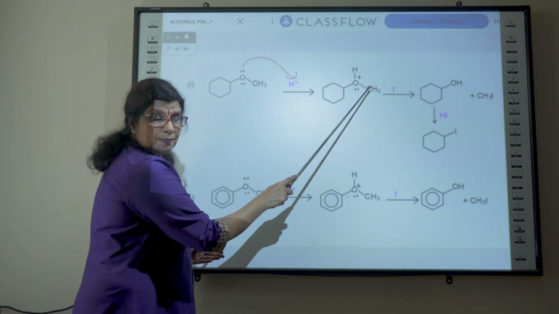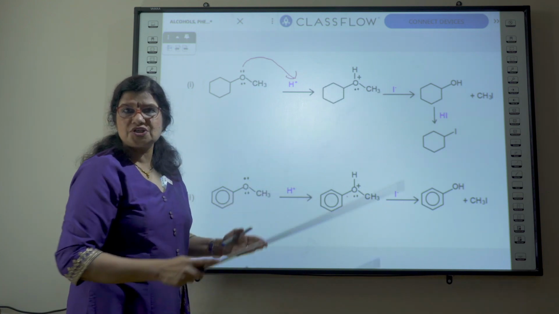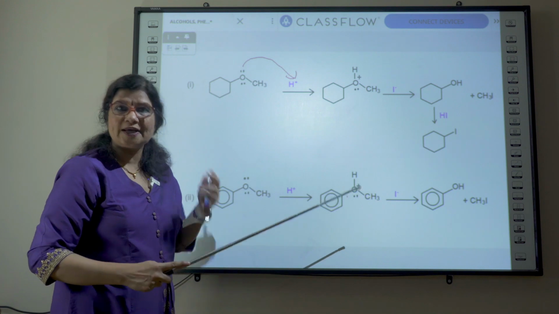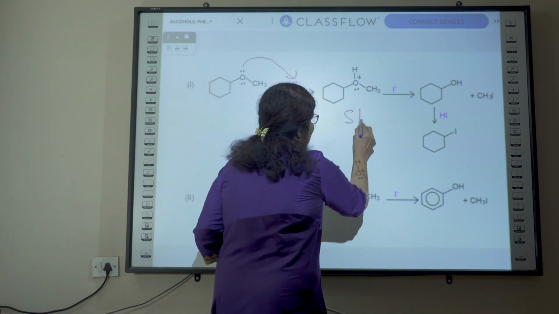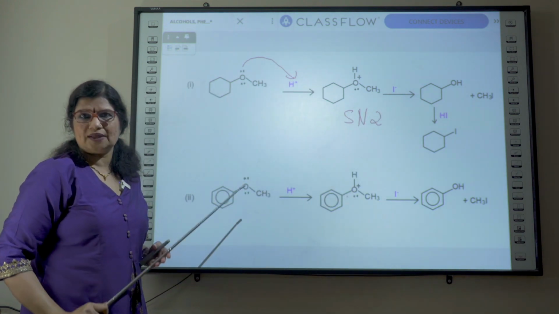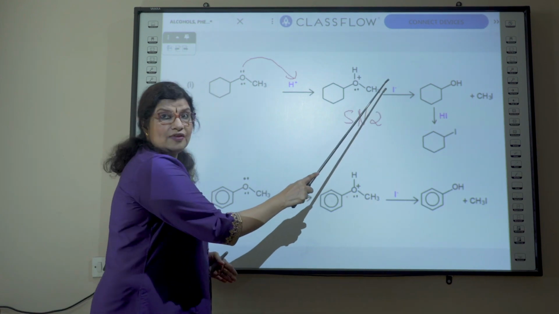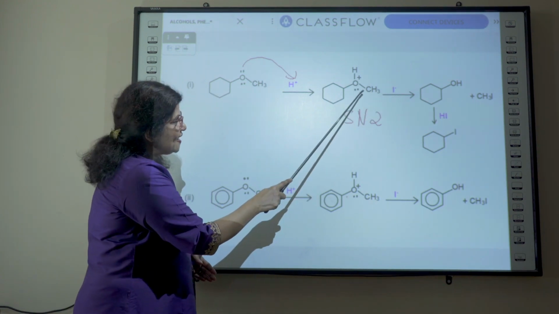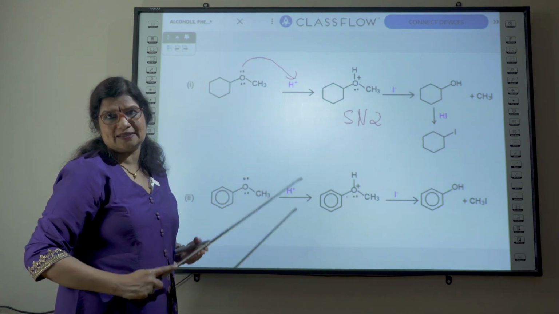Now this is a methyl group and this is a cyclohexyl group, not a tertiary, benzylic or allylic group, and therefore the pathway followed would be the SN2 pathway, in which the nucleophile will be attached to the less bulky, less sterically hindered alkyl group.